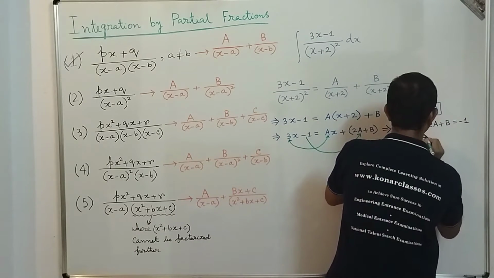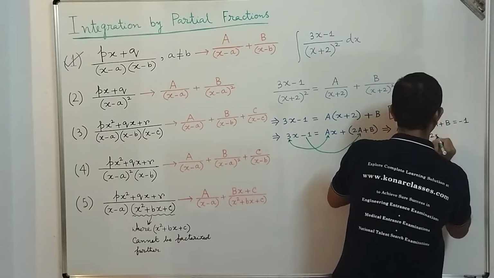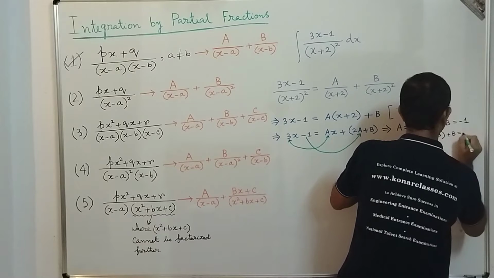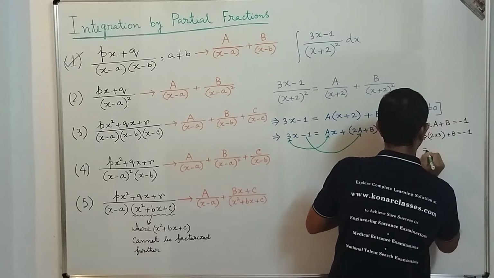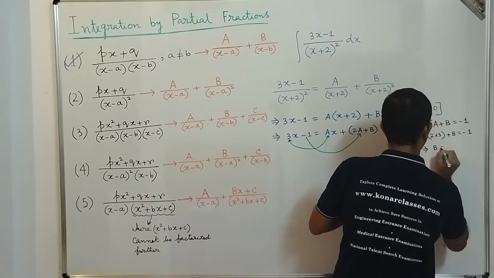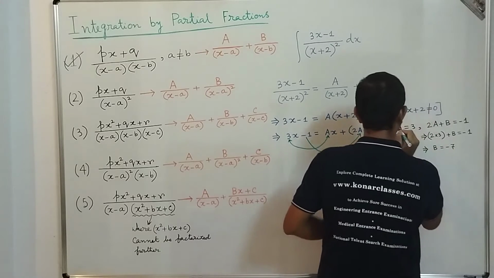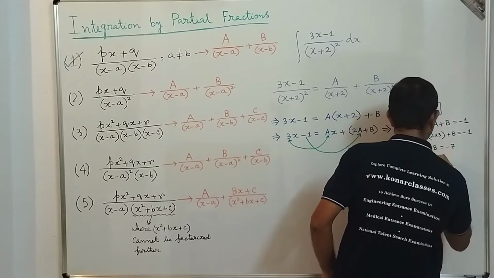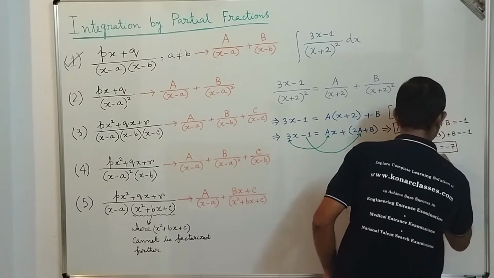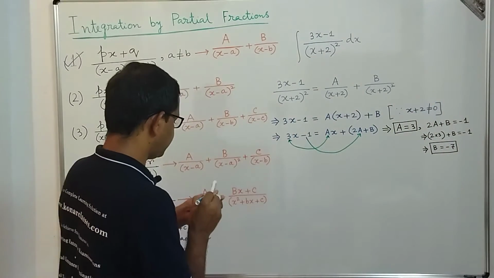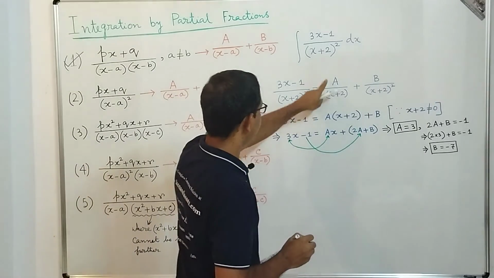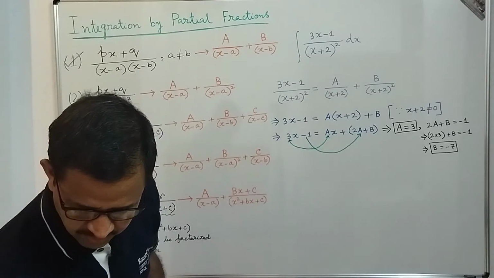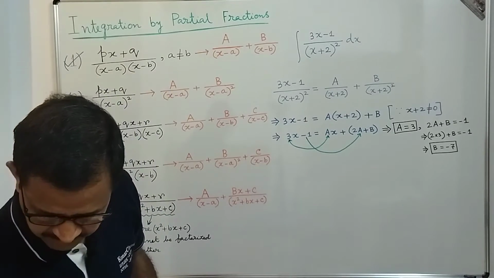So 2 into 3 plus B is equal to minus 1, which implies B is equal to minus 7. So we get A is equal to 3 and B is equal to minus 7. Now we will apply these values, A equal to 3 and B equal to minus 7, and see what we get out of it.